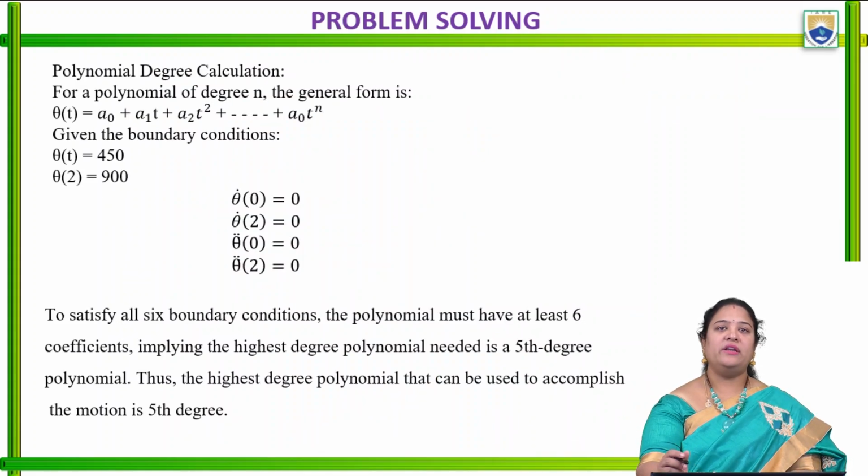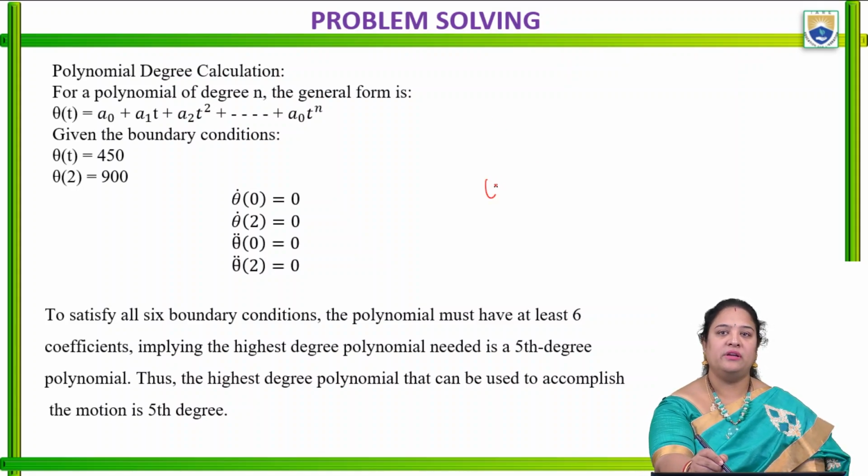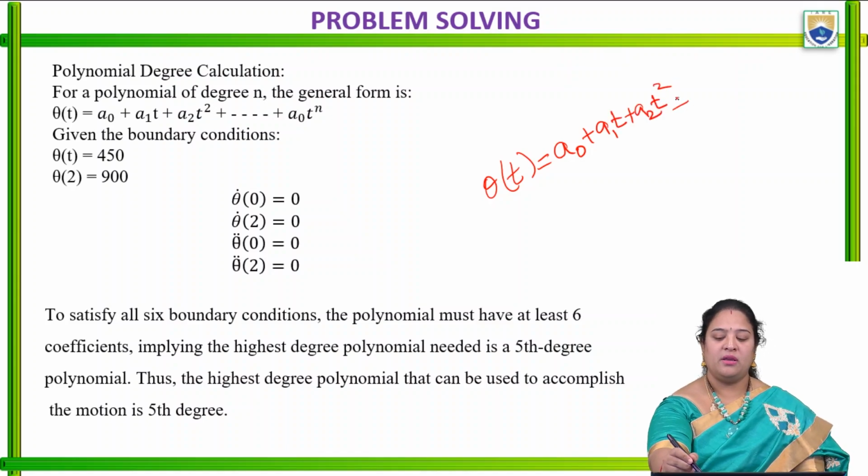So what is the equation to calculate the polynomial degree? The equation is theta with respect to time is equal to a0 plus a1 t plus a2 t squared plus a3 t cubed and so on up to an t to the n, right?